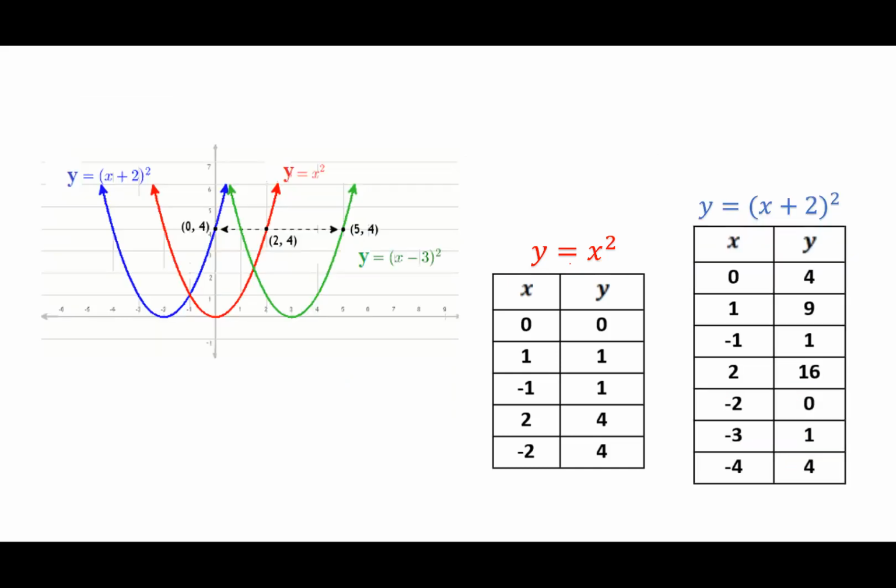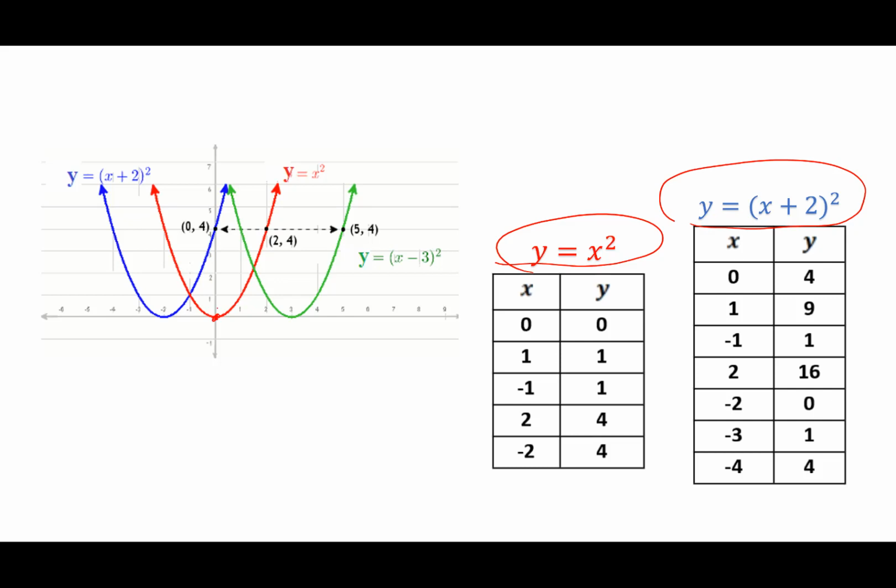All right. Likewise, if you want to move the graph to the left, you have to add something to the x value in the function. So again, looking at the red parabola, the one that's got its vertex at the origin, y equals x squared, you see where all those points are. If you change that equation to y equals x plus 2, quantity squared, now you're replacing x with x plus 2, what happens to the graph?